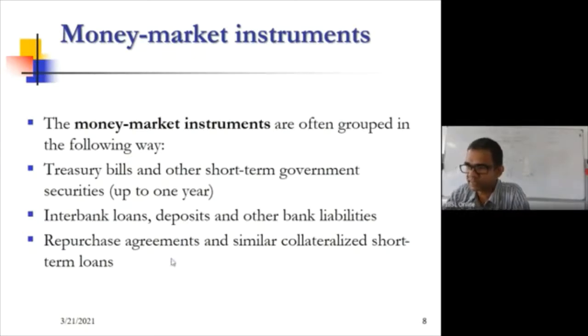So basically, these instruments can be divided into these: treasury bills, interbank loans, deposits, and other bank liabilities. Then the repurchase agreements, or any similar collateralized short-term loans.